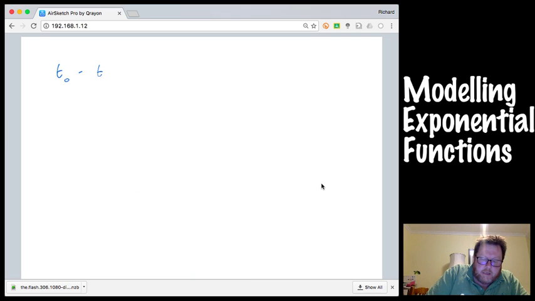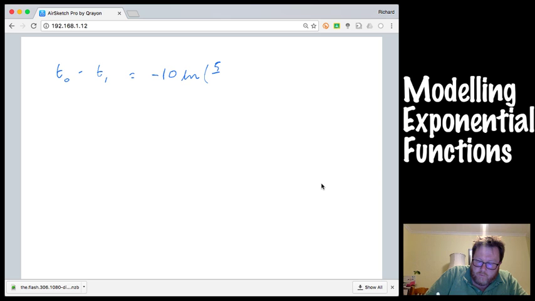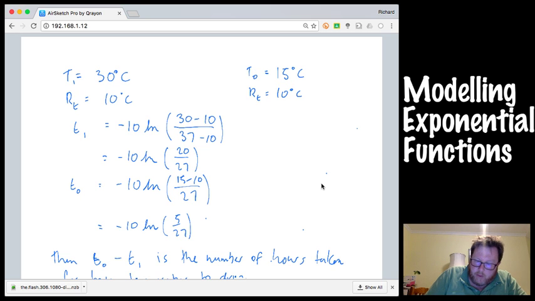T0 minus T1 is going to be negative 10 ln of T0, which is 5/27, minus negative 10 ln of 20/27.